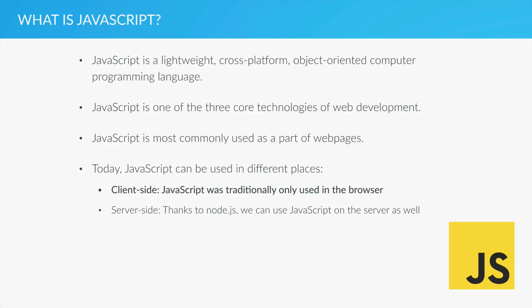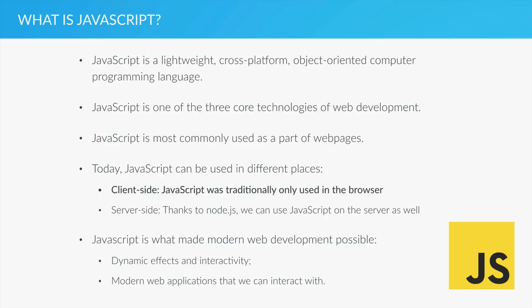However, more lately, thanks to a new technology called Node.js, which you might have heard of, developers have been able to use JavaScript on the server side as well, making it interact with databases and files on servers. But that is a whole big topic for itself, and we will not cover it in this course. So as I said in the beginning, this course covers the JavaScript language itself and how to use it in the browser, which is the more traditional way.